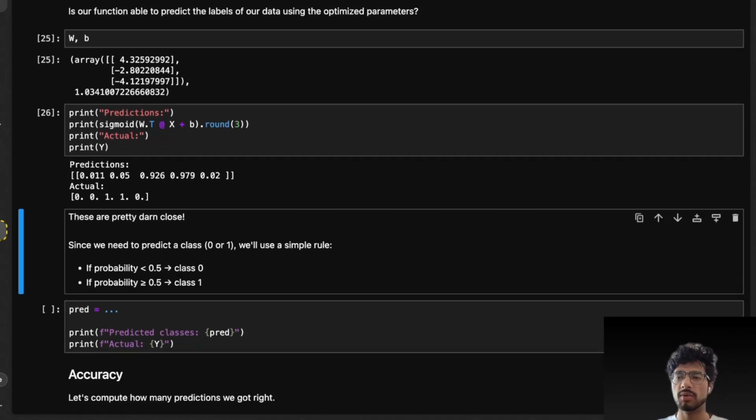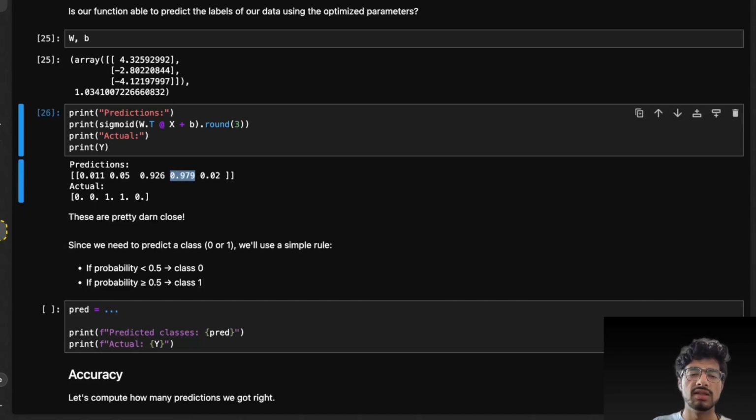But at the end of the day, remember, we want labels. We don't want numbers. These numbers are basically probabilities of our testing data being one.